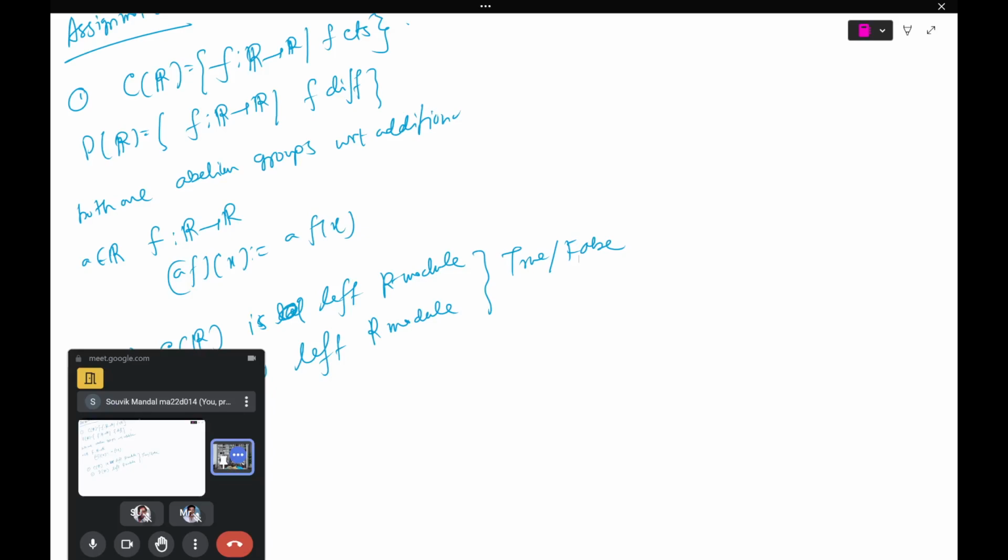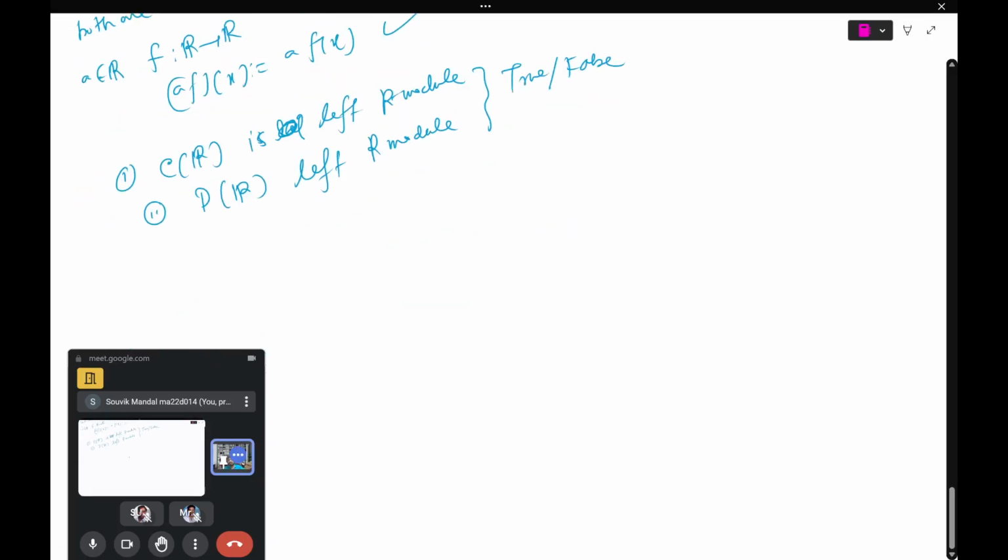Now we want to know, we are also giving some extra multiplication by af defined like this. Under this extra multiplication, is CR a left module, or is DR a left module? So the question is true or false. In order to check that something is a module, what do you need to do?